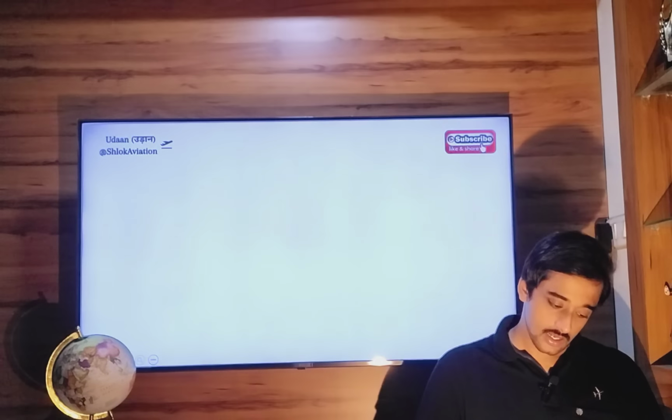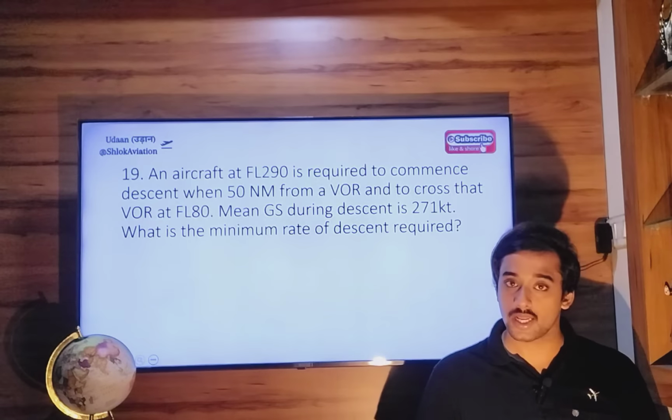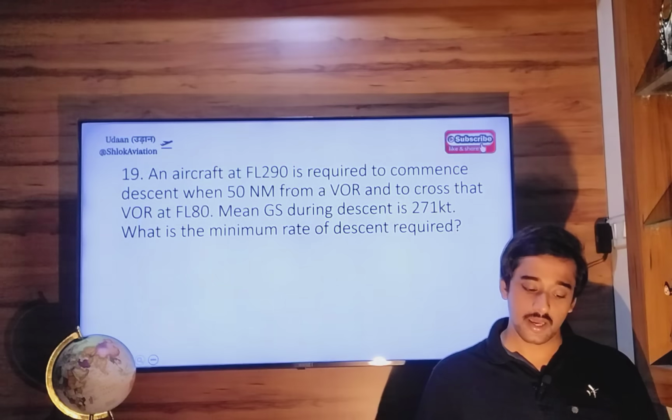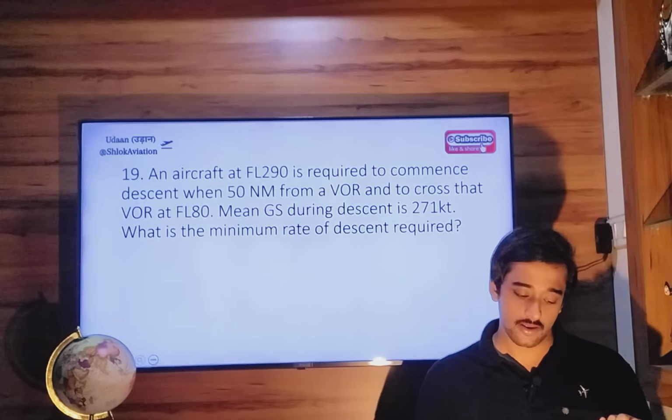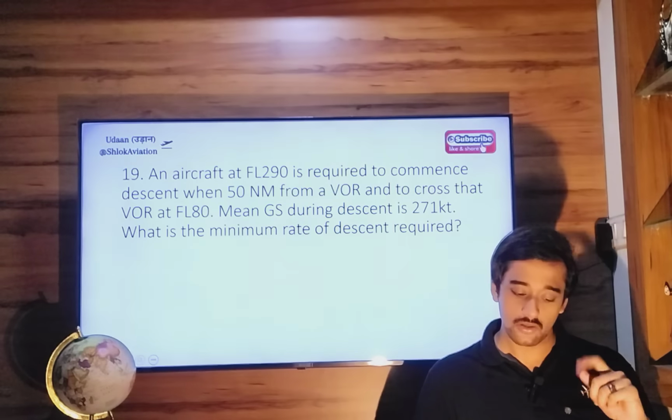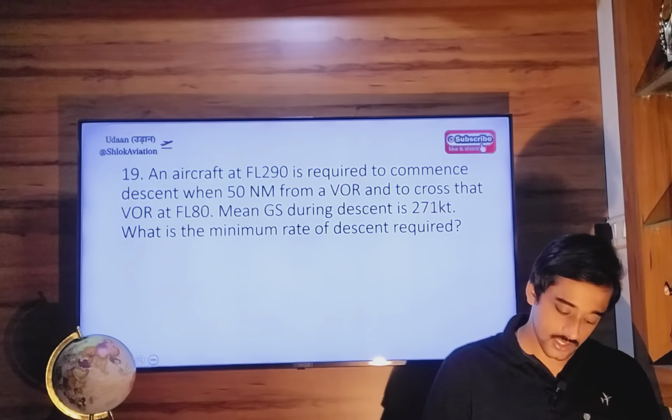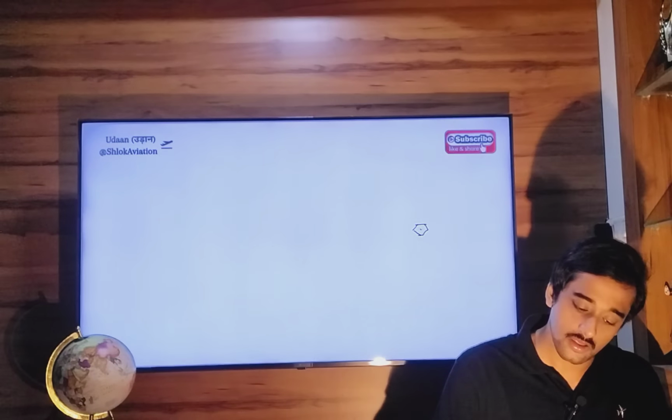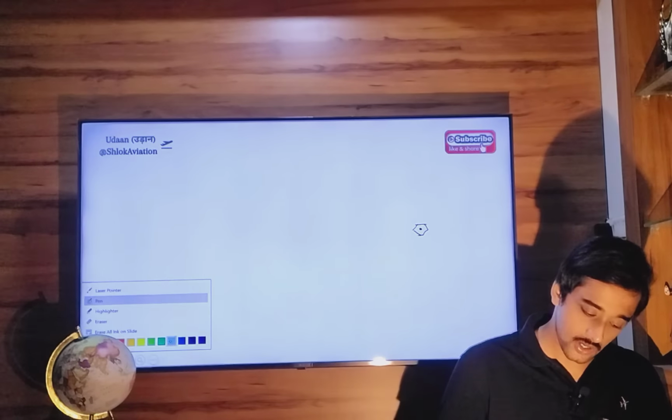Next. Aircraft is at flight level 290 and 50 miles from a VOR. It has to cross that VOR at 8,000 feet. Speed 271. What is the rate of descent? So similar question. So this is your VOR station. Here is your aircraft.